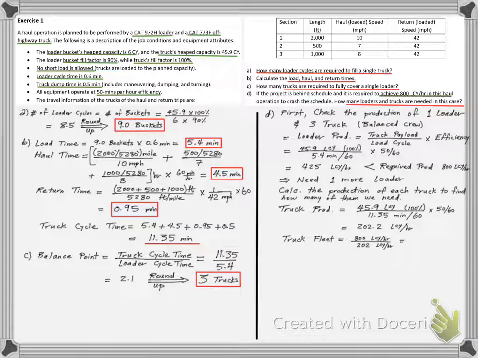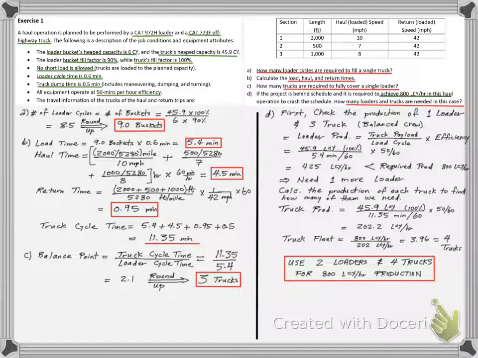Then we figure out the number of trucks to achieve 800 loose cubic yards per hour, knowing that each one can haul 202 loose cubic yards per hour. We have to round up our answer to 4 trucks. So in summary, we need to use 2 loaders and 4 trucks to move 800 loose cubic yards per hour.